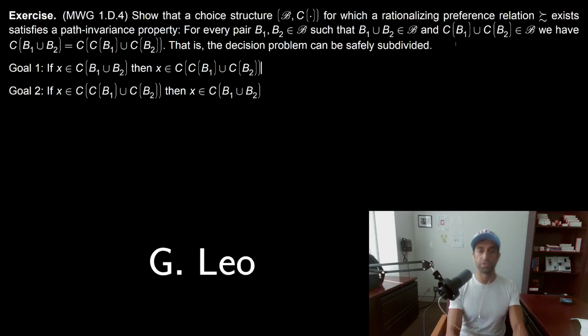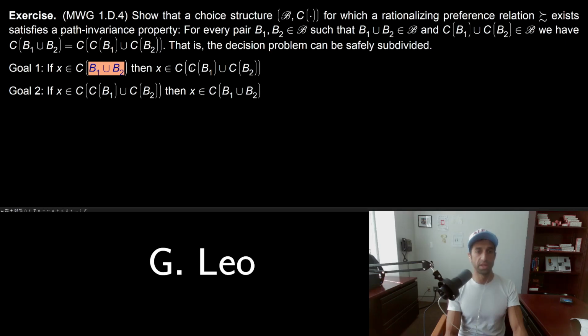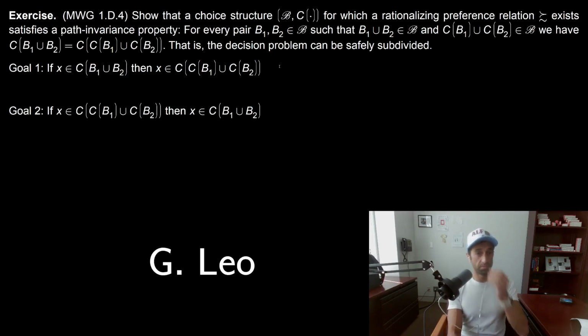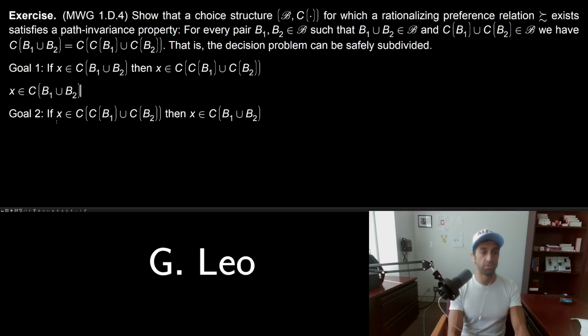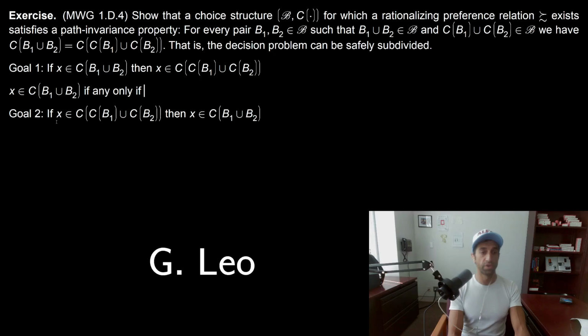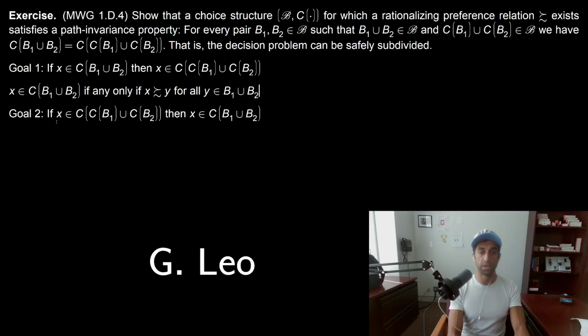All right, let's try this one first. If it's your choice from the full menu, then it has to be one of these. How do we want to do that? First of all, x is in the choice set from B1 union B2 if and only if x is at least as good as y for all y in B1 union B2. That's the definition of it being a choice.